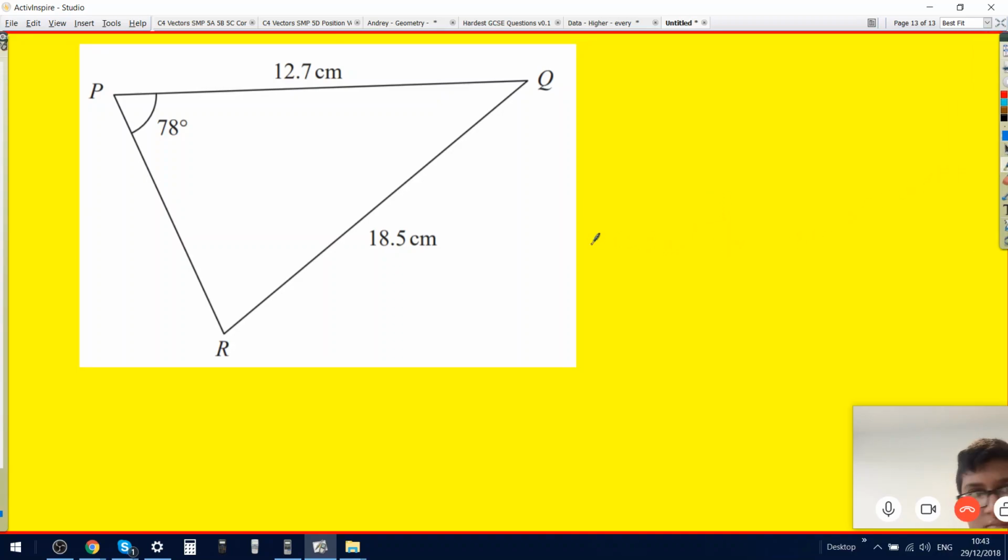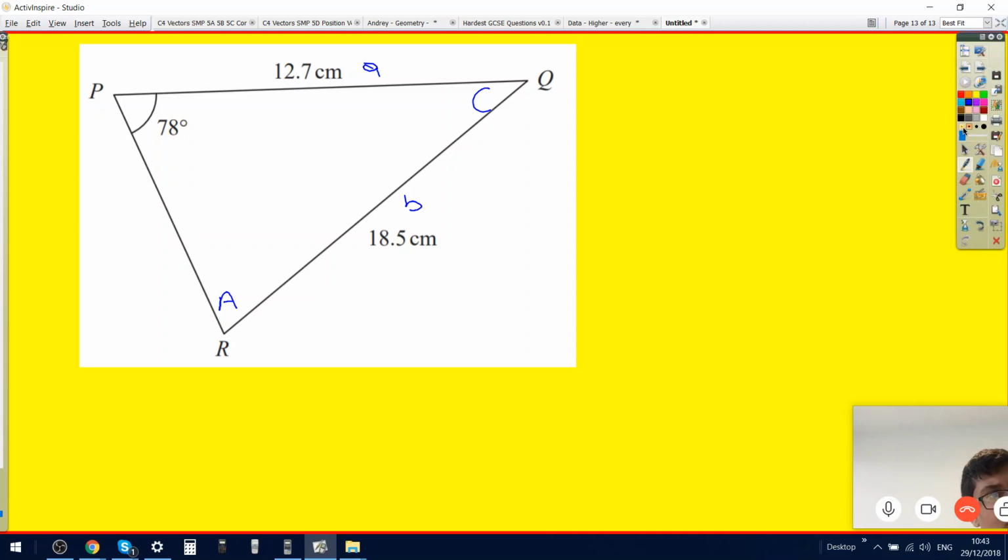No, what if that's a and that's b? What is the angle C? Well, C would be PRQ, so that would be the angle between a and b. It would be angle PQR. So you have to get the angle between. It's always two sides and the angle between them for area.